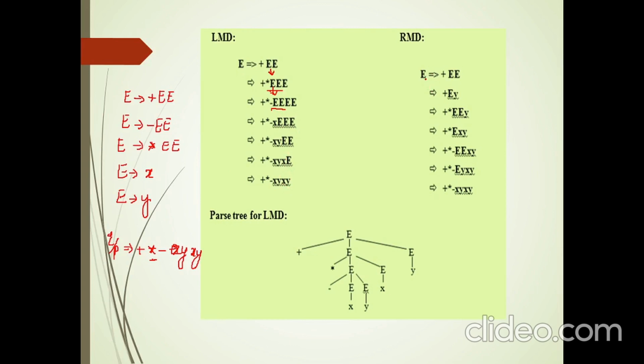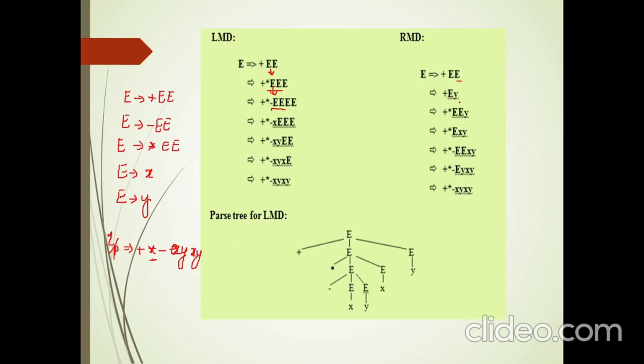And RMD: E gives plus E E. Here I want to obtain plus star minus xy, xy. So first time plus E E. Next, the rightmost non-terminal here is the last E, at the end. The last character that we need to get is y.